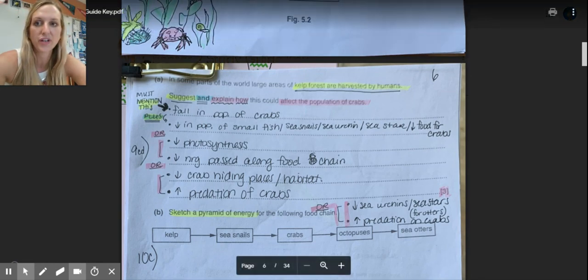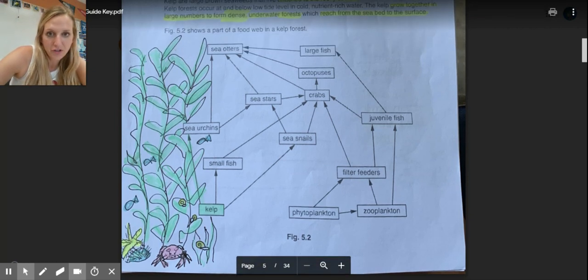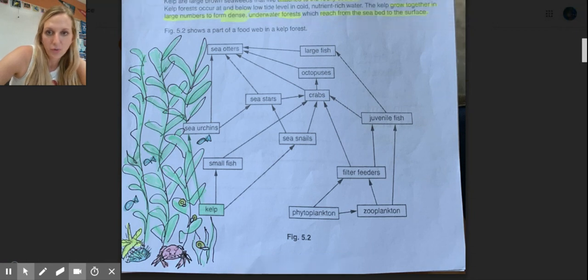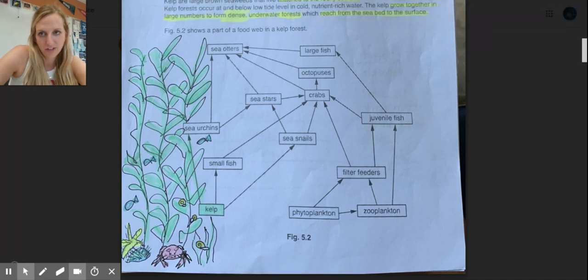Therefore, there's more predation on crabs. So sea otters will eat crabs. They also eat sea stars, and they also eat sea urchins. Well, sea urchins and sea stars are going to go away because the sea urchins feed off the kelp. Kelp's gone. So sea urchins are going to start to die out, and then the sea stars aren't going to have their main food source, which is going to be sea urchins.